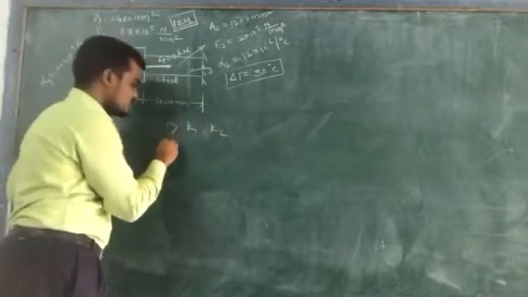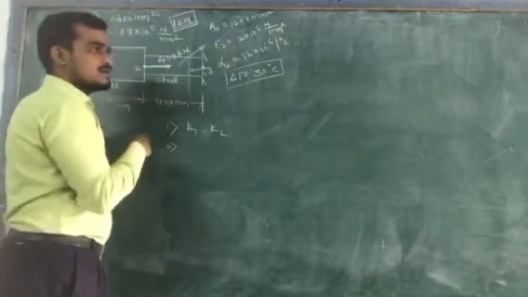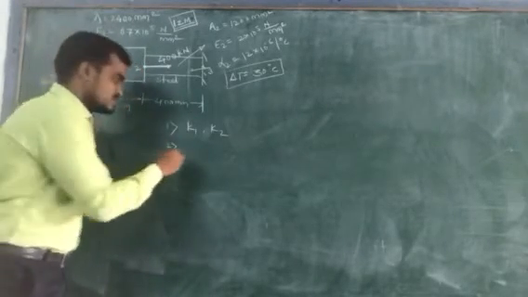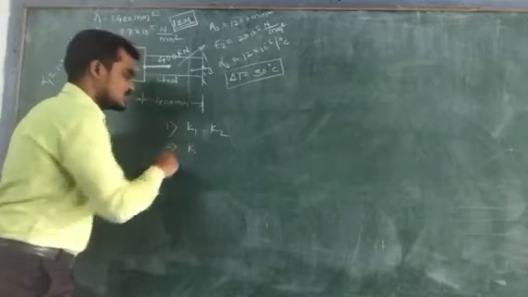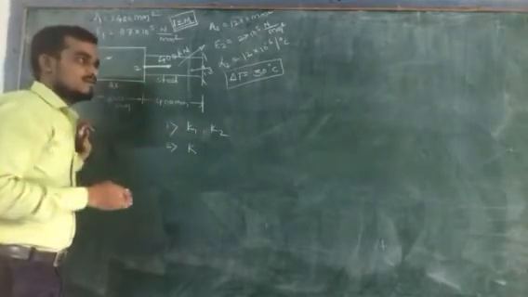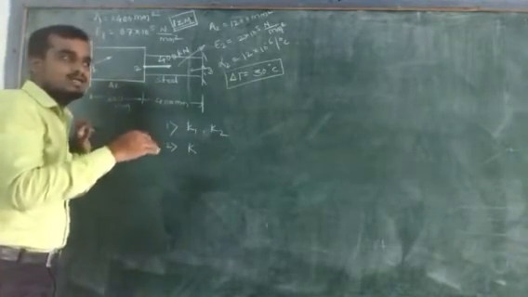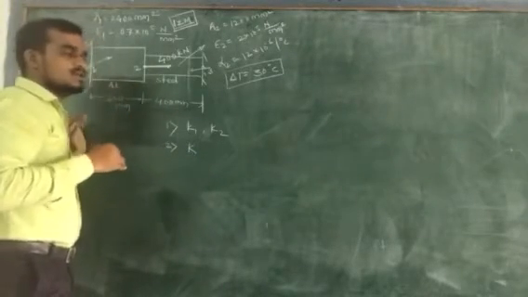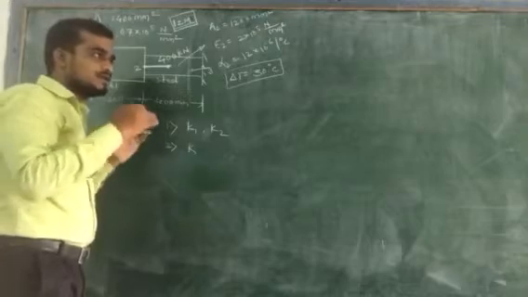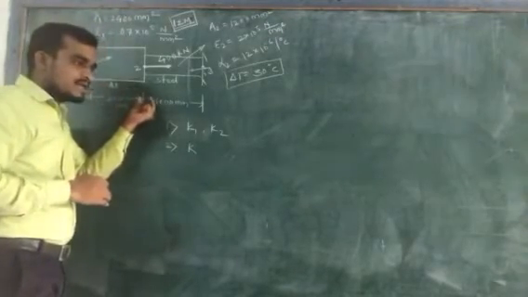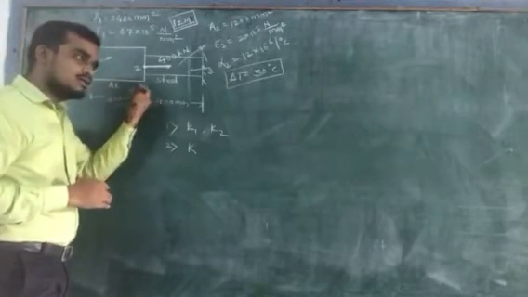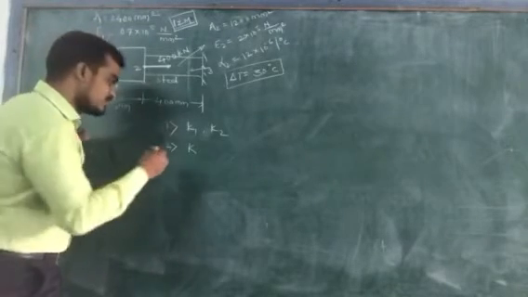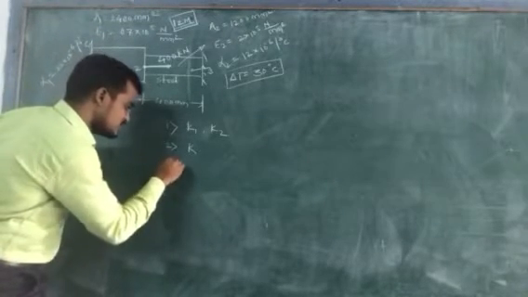The next step is to construct the global stiffness matrix K. The next step is to find the global force vector, due to the temperature effect as well as due to the point load.